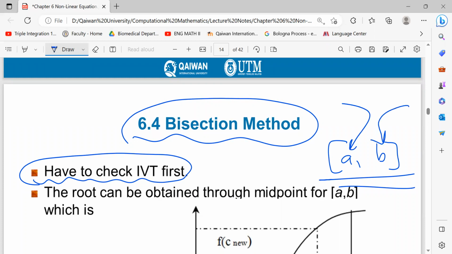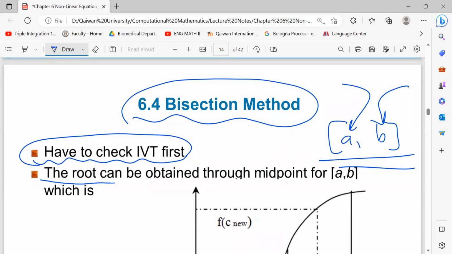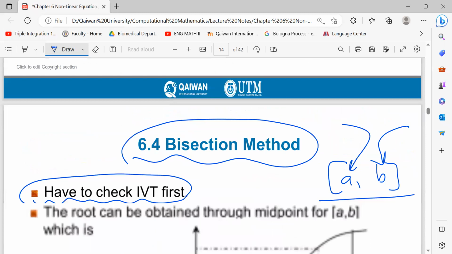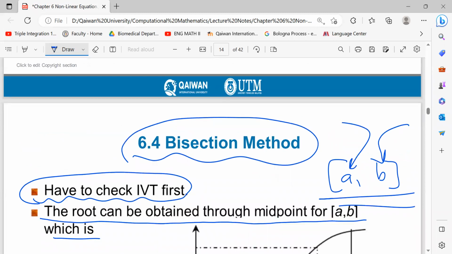That means the interval must satisfy the intermediate value theorem. And then the root can be approximated through the midpoint of AB, which is A plus B divided by 2.